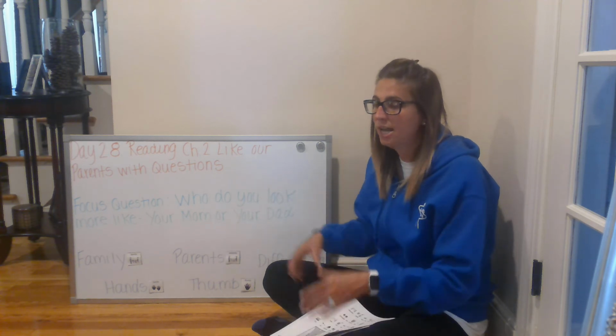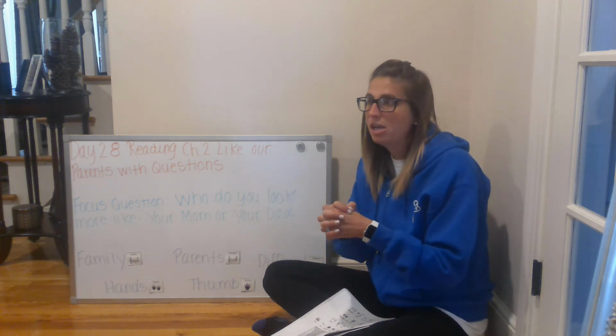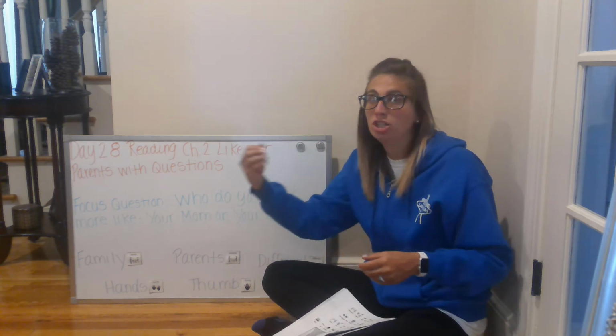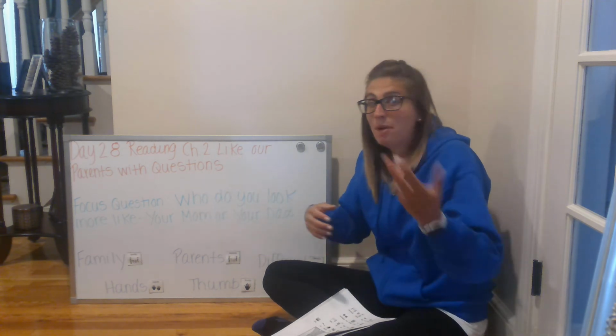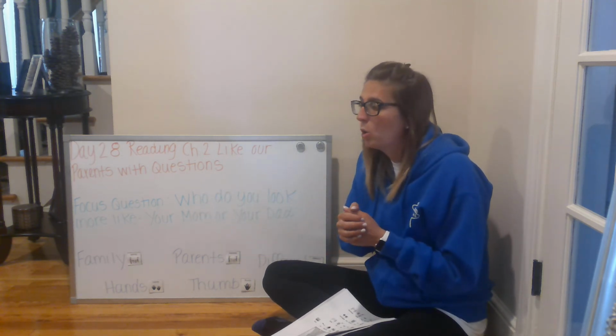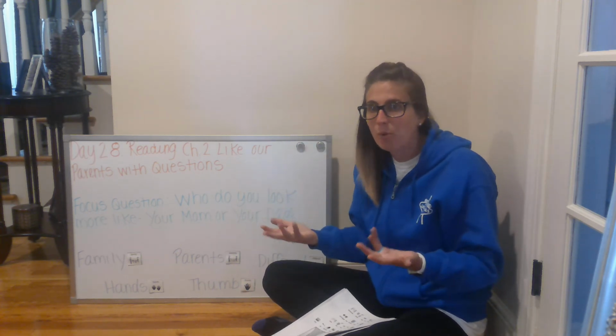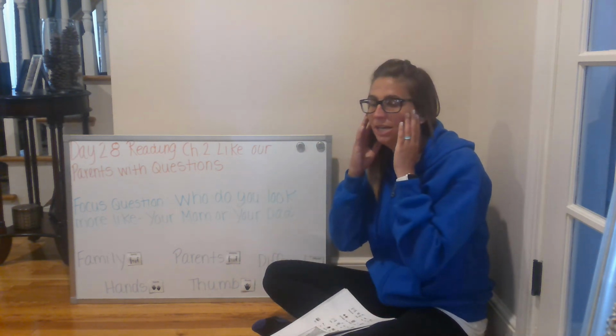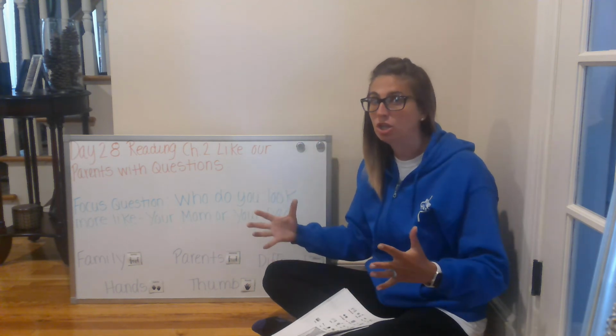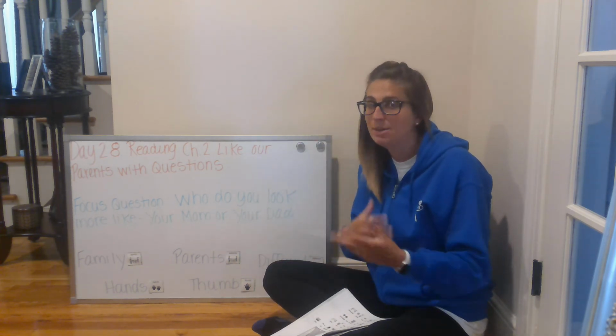That's called a mannerism. They could also maybe, if Josh might be left-handed and his mom is left-handed too. Or maybe Josh wears glasses and his mom wears glasses. So you don't necessarily have to physically look like your parents. You could share some of the same traits that they have.